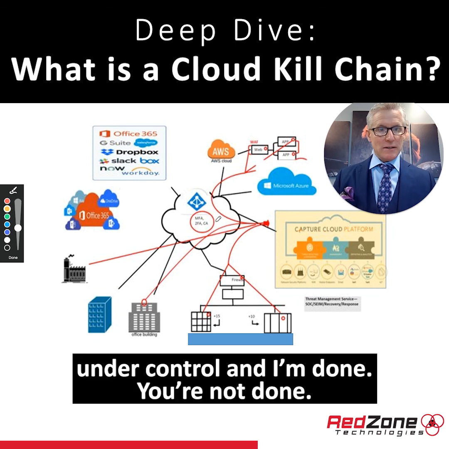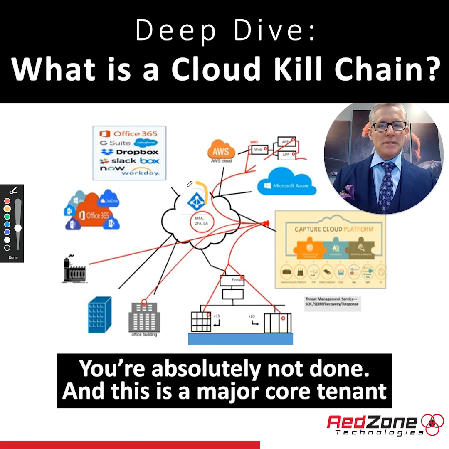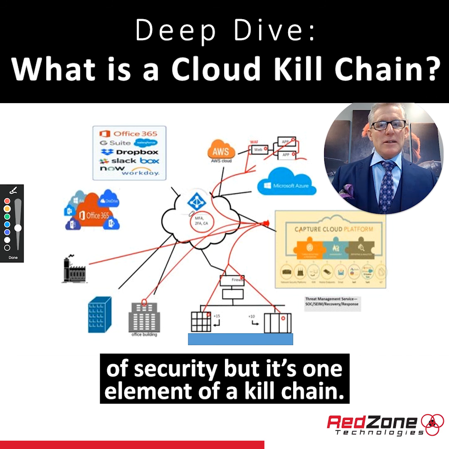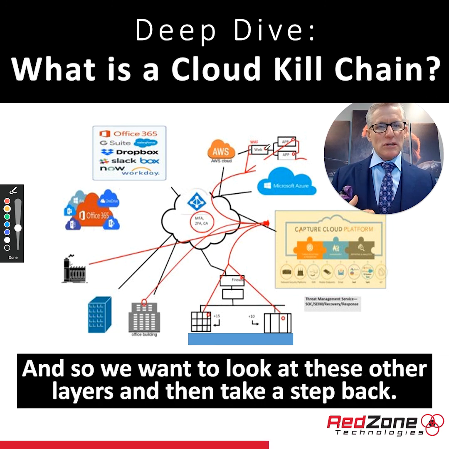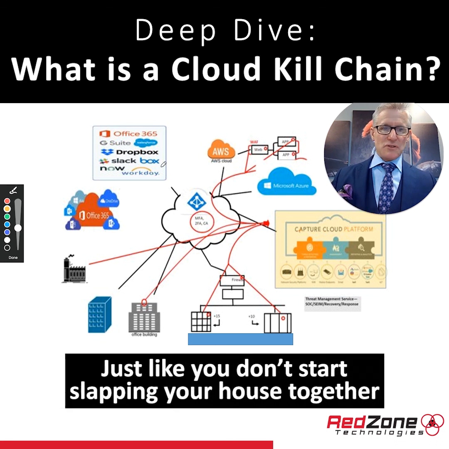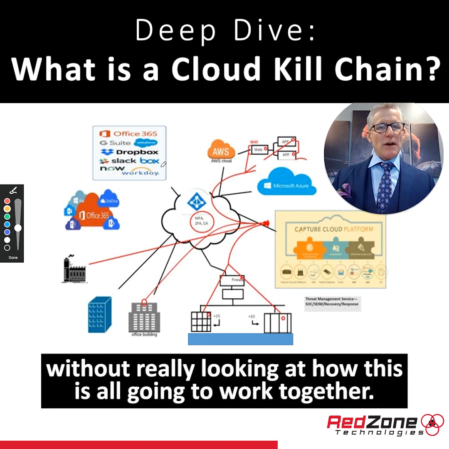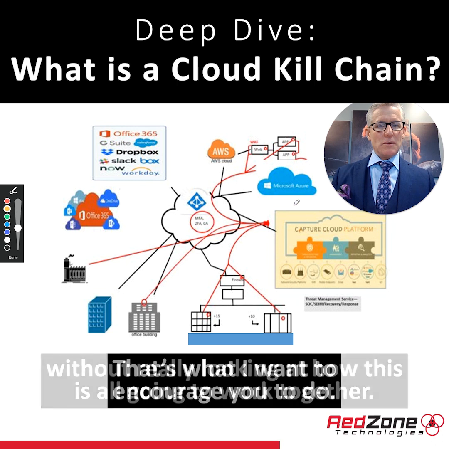You're not done. You're absolutely not done. This is a major core tenet of security, but it's one element of a kill chain. And so we want to look at these other layers and then take a step back. Just like you don't start slapping your house together without really looking at how this is all going to work together. That's what I want to encourage you to do.